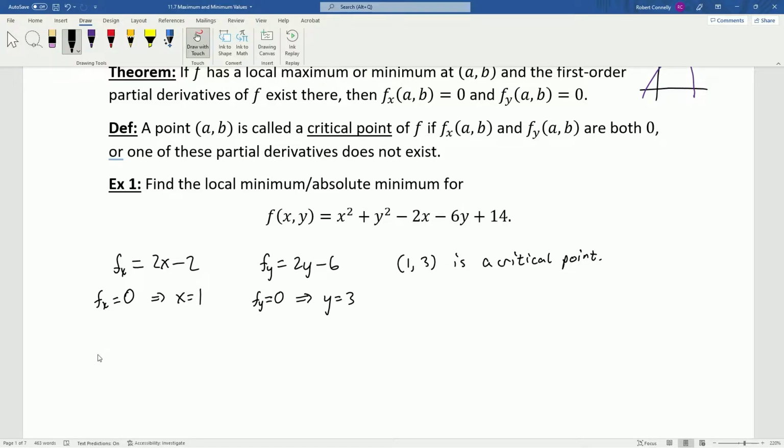In this case, this function can be rewritten in a way that's going to be helpful. If you notice, you've got this x squared minus 2x and y squared minus 6y. Looks kind of like quadratics involving x and y. And so I'm actually going to take those quadratics and complete the square with each of them. So that'll let us rewrite this in a way that'll be pretty helpful here.